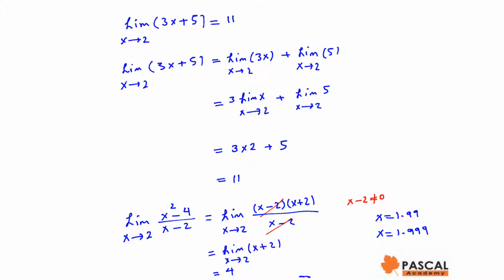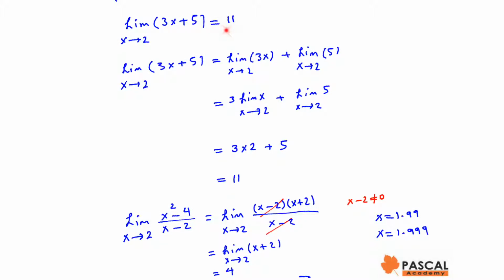We came to the conclusion that when you want to find the limit, in many cases the best candidate is the number itself. For example, when you want to find the limit of 3x plus 5 as x approaches 2, you can substitute x by 2 and find the limit. This is called the substitution method.